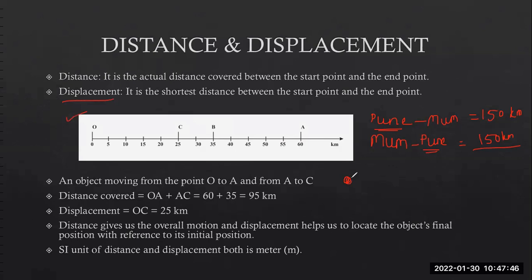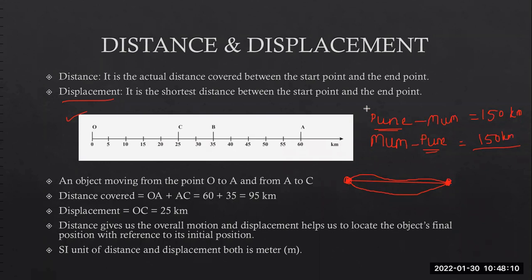If these are two points, point A and point B, what will be the shortest distance? A straight path. Exactly. A straight path would be the shortest distance, right? So displacement is the shortest distance between the start point and the end point.